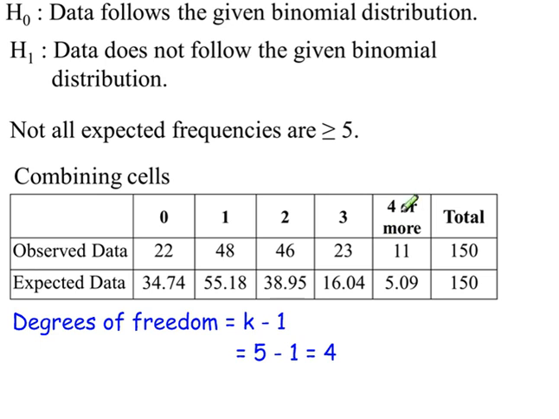So here's our new table. The new class that we created is here. So now there are 5 classes, excluding the one at the end. We're not including this, it's not part of the values we're looking at. There's 5 classes, so 4 degrees of freedom. H0 and H1 give mention to the binomial distribution.